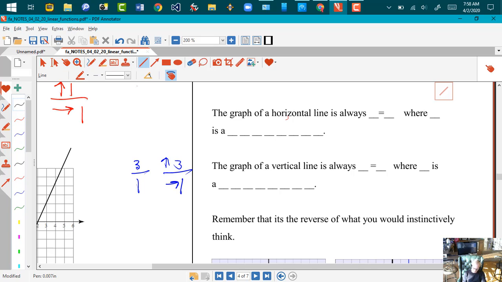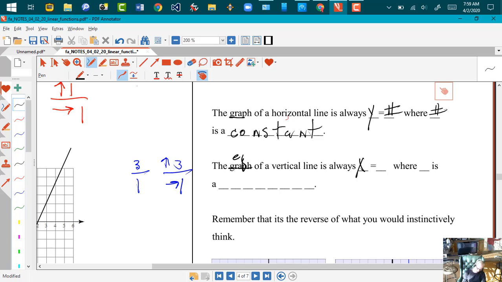Okay, special cases. The equation of a horizontal line is always y equals some number, where the number is a constant. It has to be a real number. The equation of a vertical line is always x equals a number.